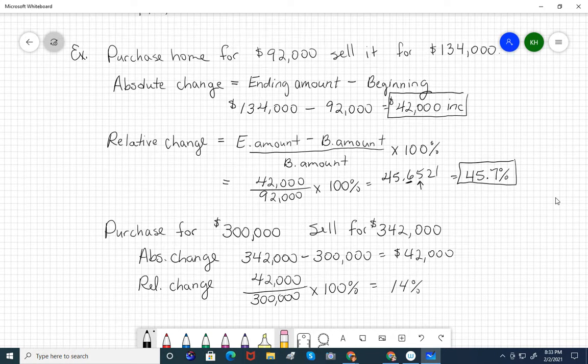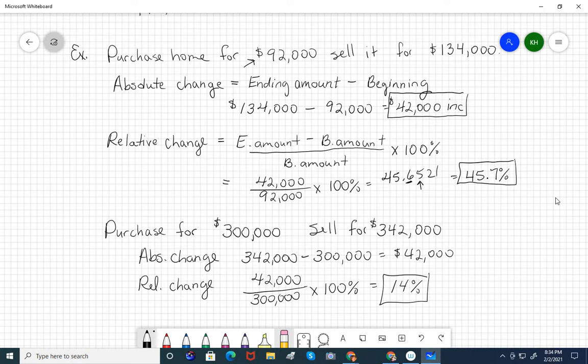Came out exactly. This person, who probably is in a lower income bracket, who bought a house for $92,000 and sold for $134,000, is probably a lot happier with that $42,000 change than somebody who bought for $300,000 and sold for $342,000.